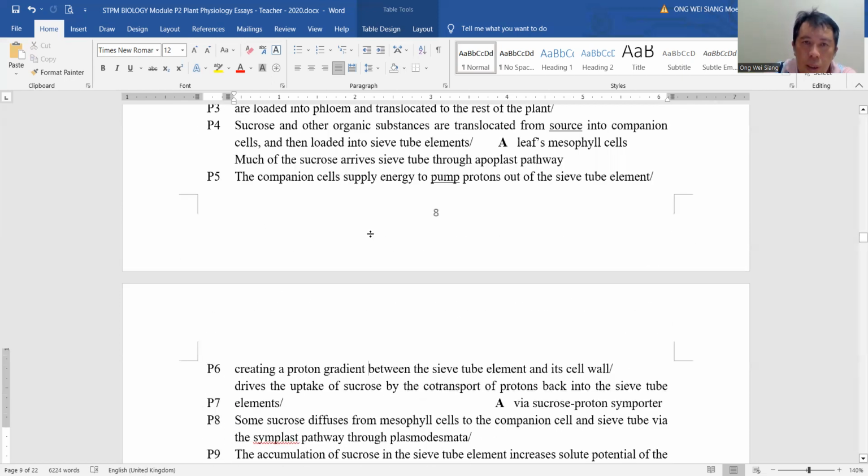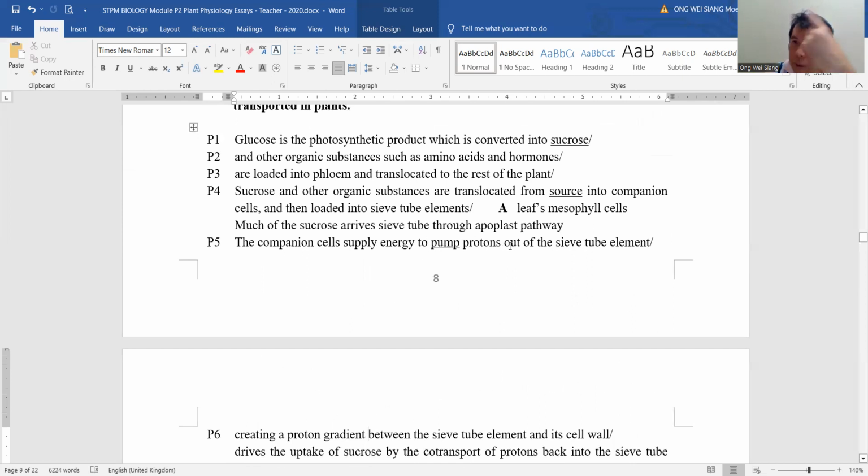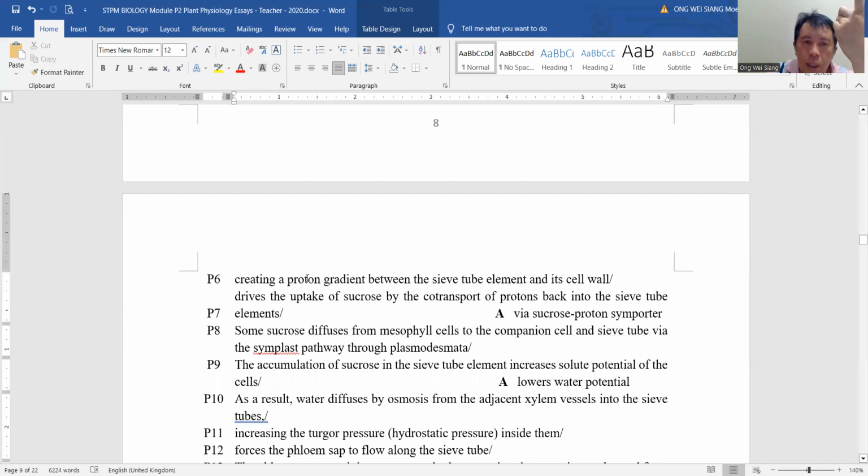So this one we talk about they pump the proton out first, out into the cellulose cell wall of the sieve element, so creating a proton gradient. This one is using secondary active transport. The proton is pumped out of the sieve element or the companion cell into the cell wall.